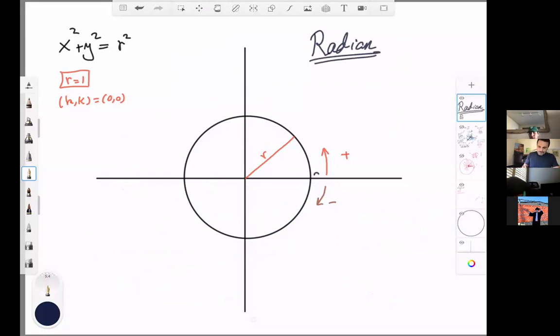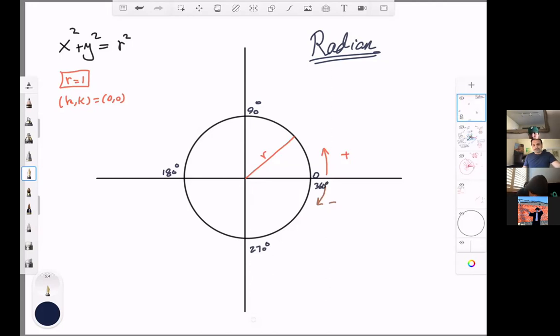So this is 0, 90. You will see me in this course every day, every lecture, make a circle: 0, 90 degrees, 180 degrees, 270 degrees and 360 degrees. You will get sick of this. This is what's going to happen for the rest of the course.